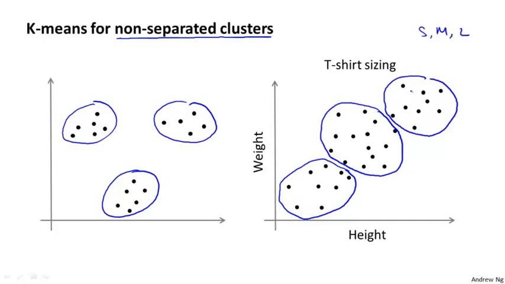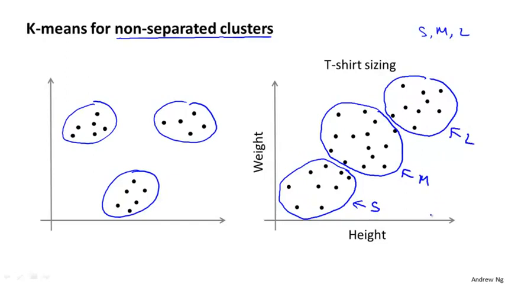So even though beforehand it didn't seem like we had three well-separated clusters, k-means will separate out the data into multiple clusters for you. And what you can do is then look at this first population of people, look at their height and weight, and try to design a small t-shirt that fits this first population of people well, and then design a medium t-shirt and a large t-shirt.